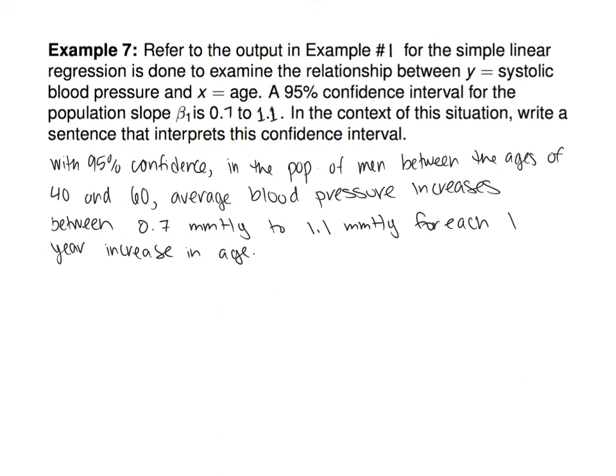And notice that what you kind of do there is you take the slope interpretation. You know, when age goes up by 1, blood pressure goes up by this much. And you just translate that into an interval. It's either between this much per year of an age to that much per year increase of age.